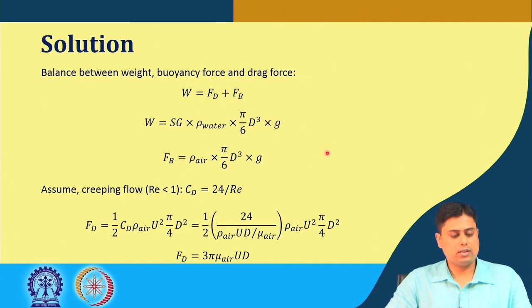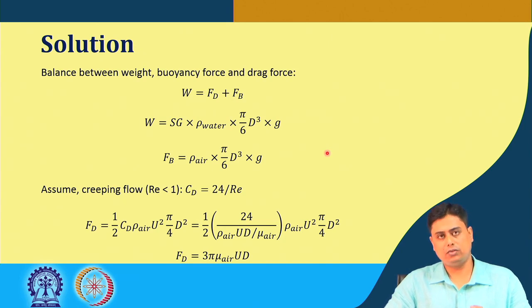Okay. So for such a problem, you can understand that there will be a balance between the weight, the buoyancy force and the drag force at equilibrium. The weight of the drop falling downward from the top of an 8 feet distance is basically balanced by the drag force and the buoyancy force.